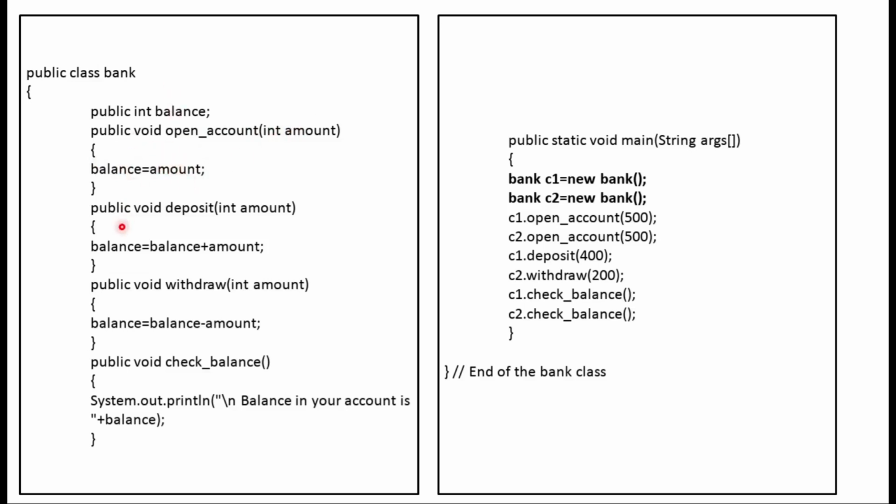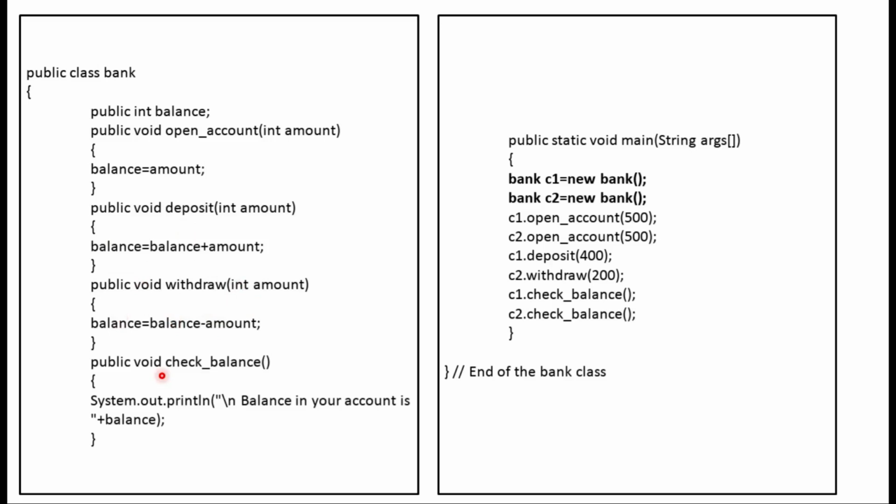Now balance is 500. In the same way, if a customer wants to deposit, the customer will specify some amount. That amount will be stored in the variable called amount here, and that amount will be added to balance. The whole will be updated to the variable called balance. In the same way, in case of withdraw, the amount will be subtracted from the existing balance, and the same will be updated to the balance.